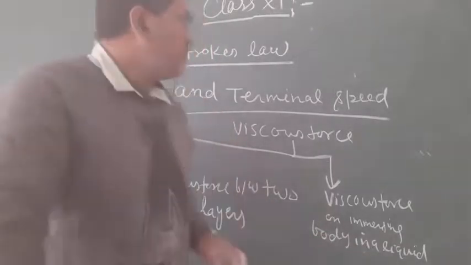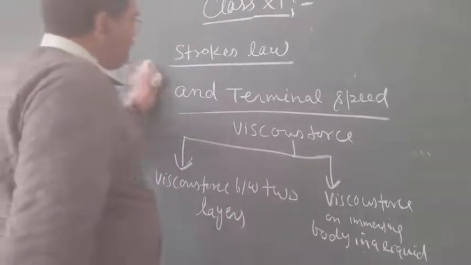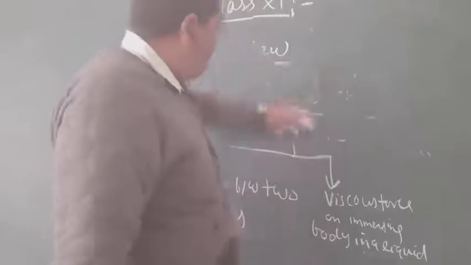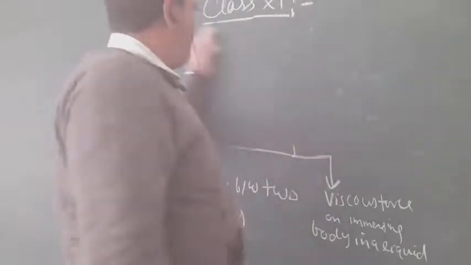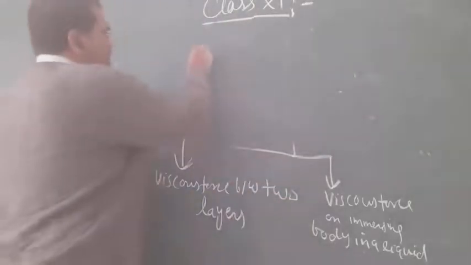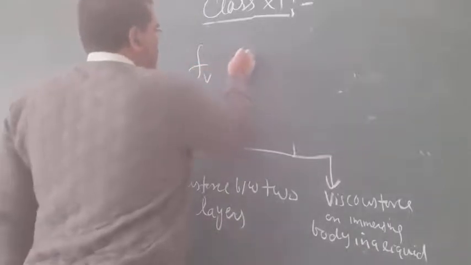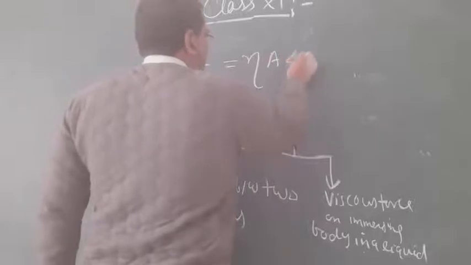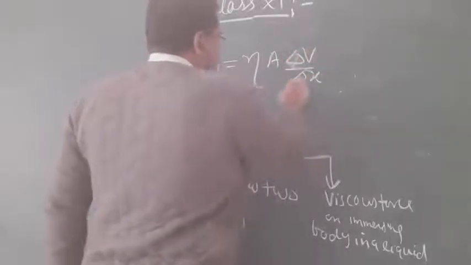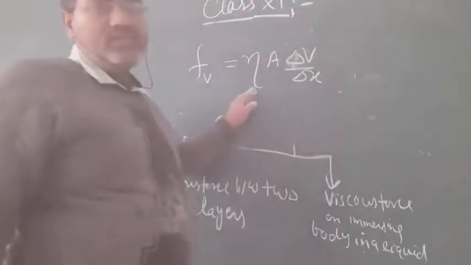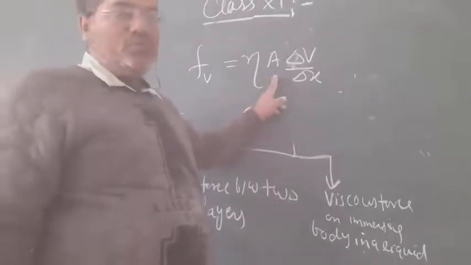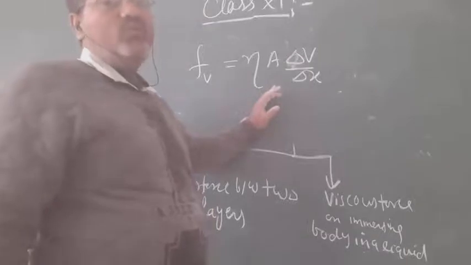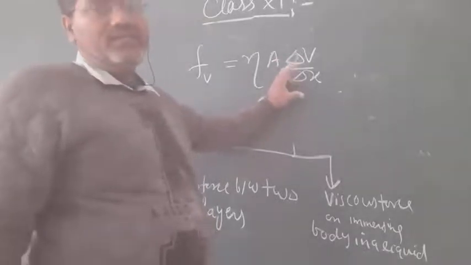So viscous force between two layers is defined mathematically as viscous force equal to eta A delta V by delta x. Eta is the coefficient of viscosity, A is the contact area of two layers, and delta V by delta x is the velocity gradient between two layers, the velocity change per unit length.